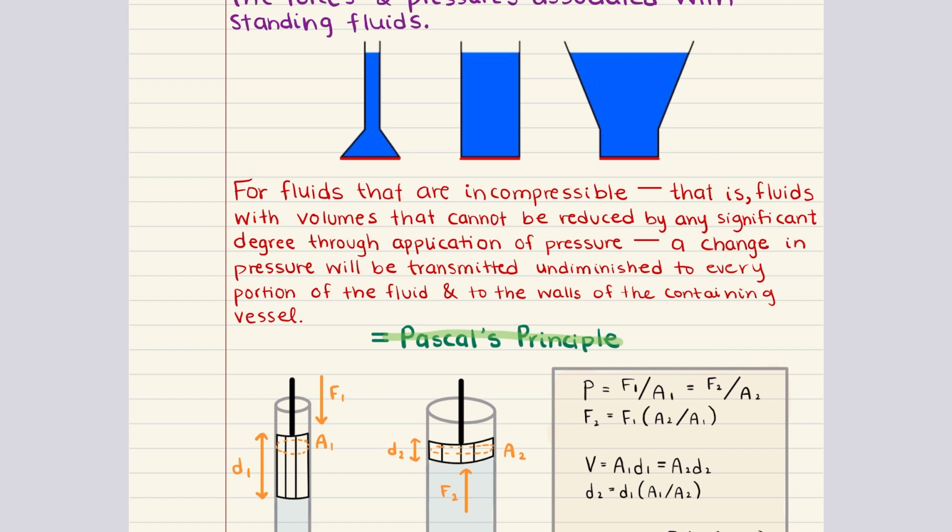Because the milk inside is incompressible, every part of the milk experiences the same increase in pressure. Now, if we suddenly open the cap, that built-up pressure is going to cause the milk to shoot out. And this is Pascal's principle in action. The pressure we applied was distributed evenly throughout the fluid.